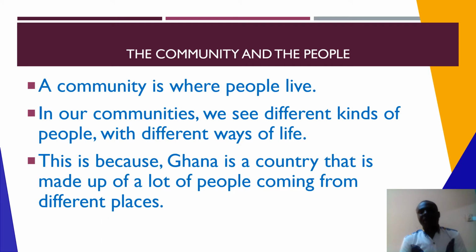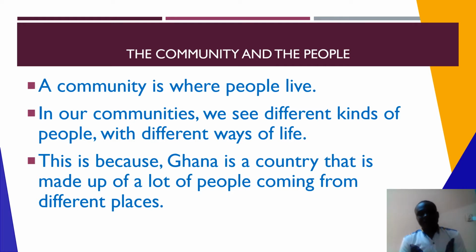This is because Ghana is a country that is made up of a lot of people coming from different places. Everybody you see in Ghana in their present location came from a place. For example, the Ghanaians came from Israel.